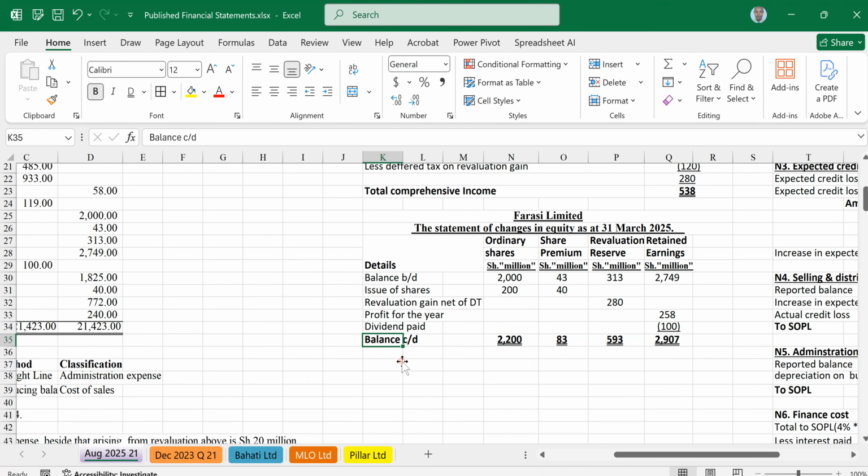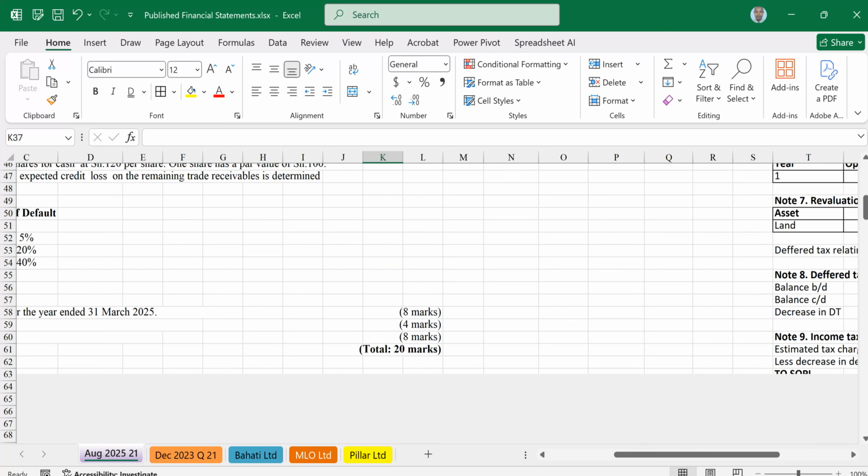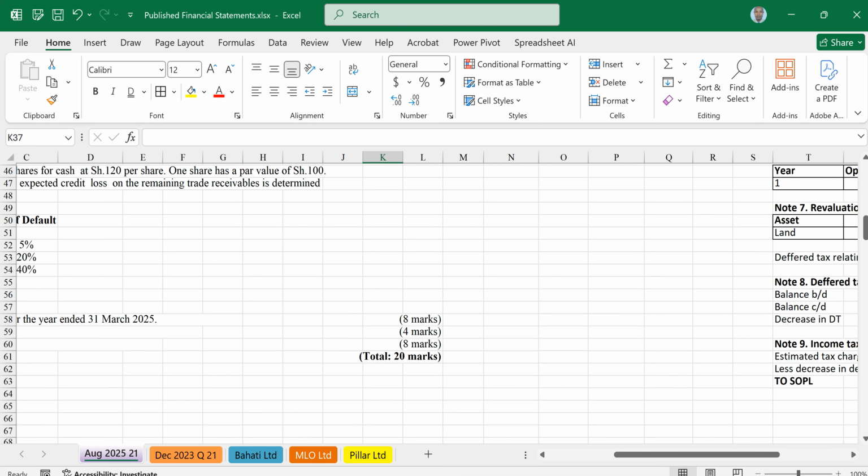So that is the balance carried down, which is the statement of changes in equity, which amounted to 4 marks.